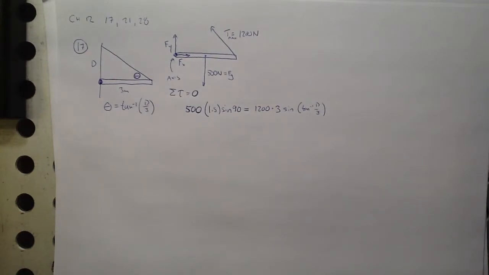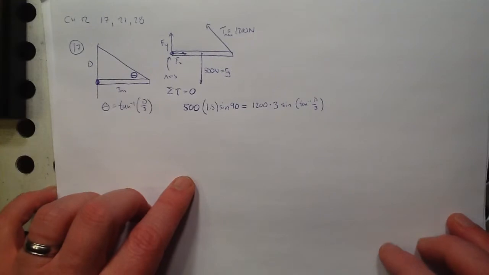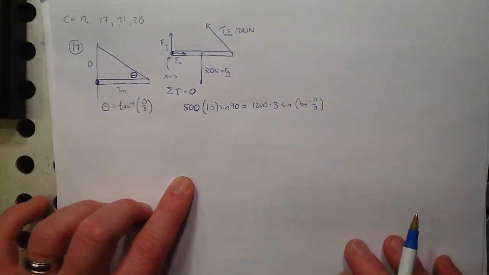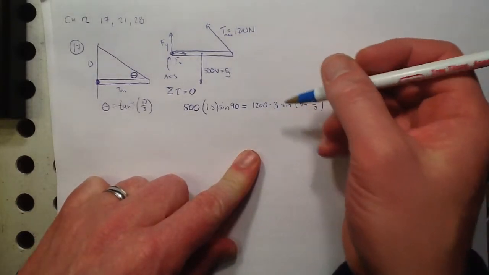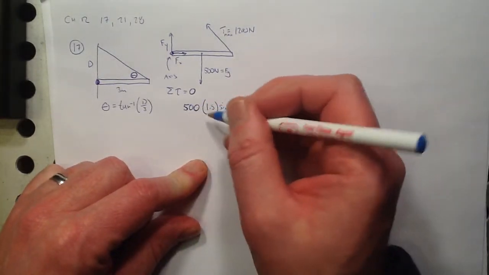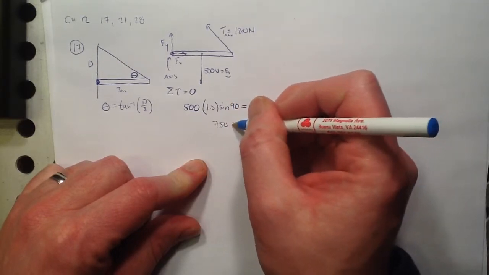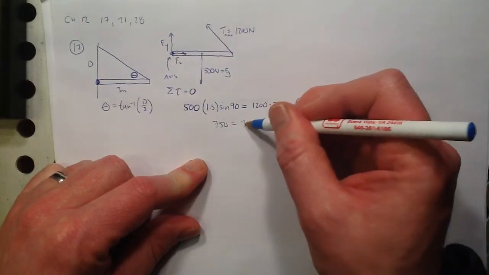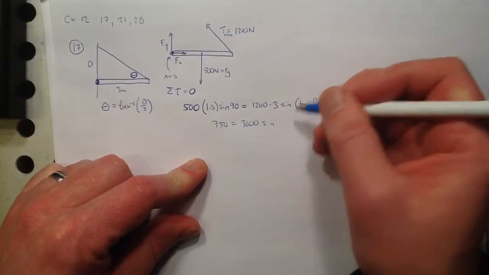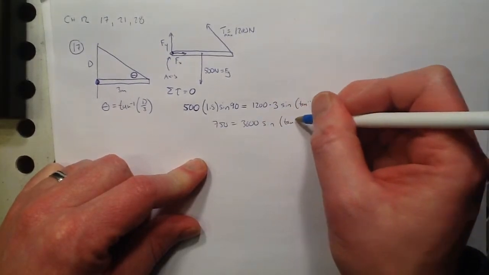Now, the sine of that angle, I guess there's a couple ways you can think about that. If that looks intimidating and horrible, well, let's go from here and see what happens. So that's 1, so that's 750 is equal to 3600. I think we can do it from here. We'll talk about trig after.